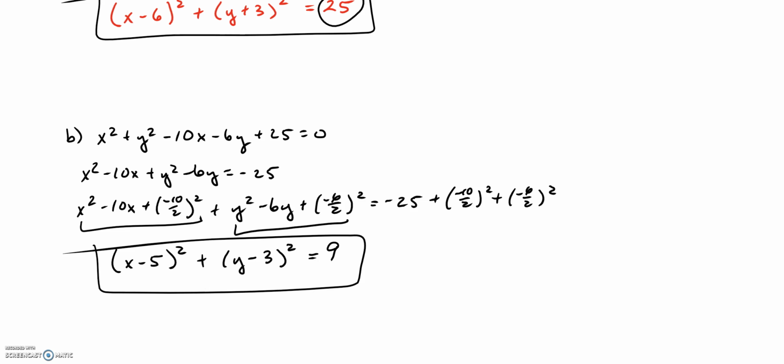All right. Number 7. This is a hyperbola. 9x squared minus y squared plus 54x plus 10y plus 55 is equal to 0.